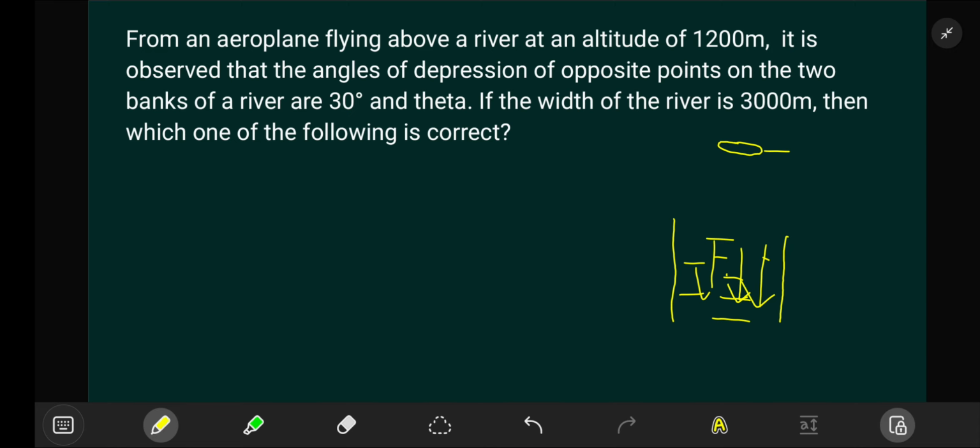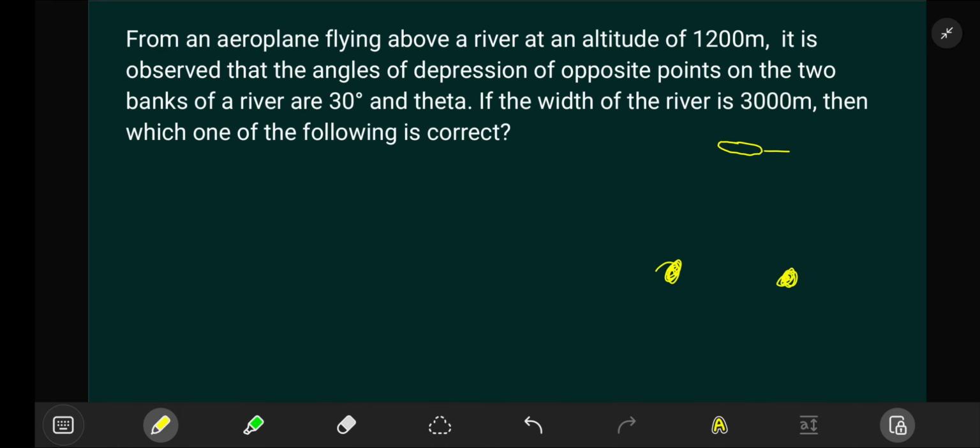This is the river. So this is one bank and this is the another bank. In between the banks, the river water will flow. Now let me make these as points instead of all this.